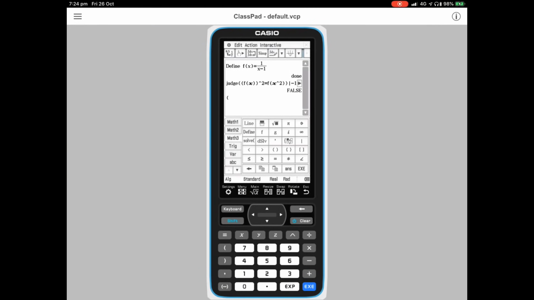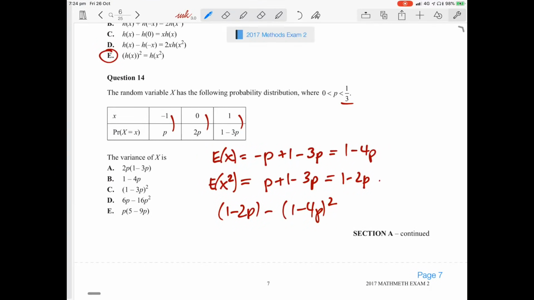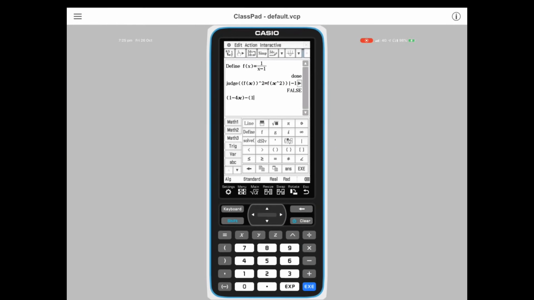I'm just going to do it in the calc. 1 minus 4x minus 1, if I can remember what it is, that's a 2, minus 4x squared. Simplify it.